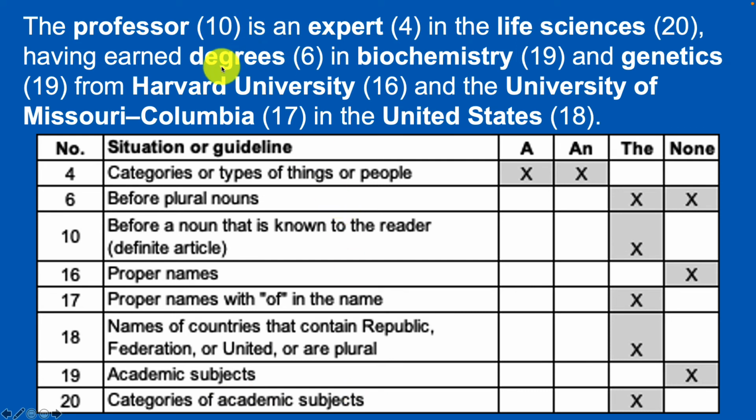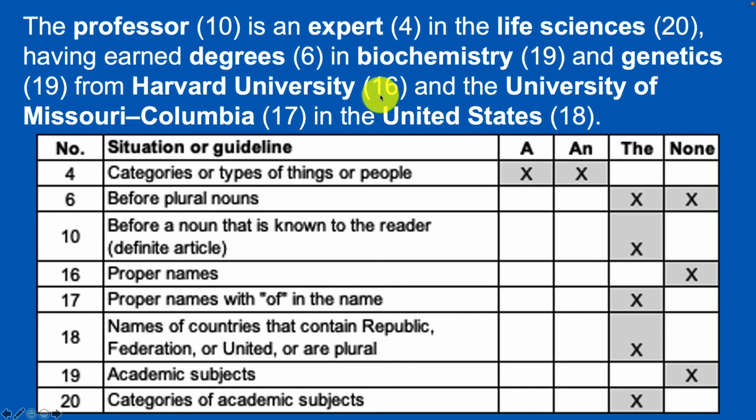Degrees has no article. Why is that? Because it's a plural noun. In this case, it does not need an article. And then we have in biochemistry and genetics, both of those nouns use rule number 19. They are academic subjects, so they do not need an article. Harvard University is a proper name. It does not have of in the name, so we don't need an article.